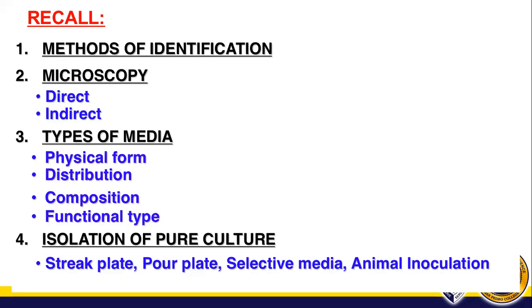Types of media. You were also able to discuss the types of culture media. Culture media may be classified according to physical form: liquid, semi-solid, solid. According to distribution, we have tube and plated. According to composition, we have synthetic or chemically defined, and those that are not chemically defined, non-synthetic.